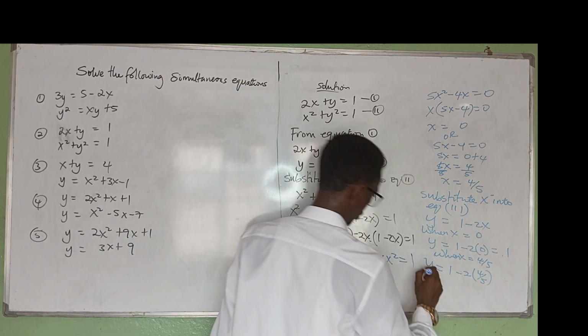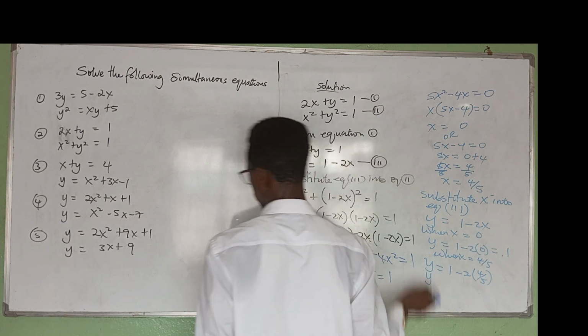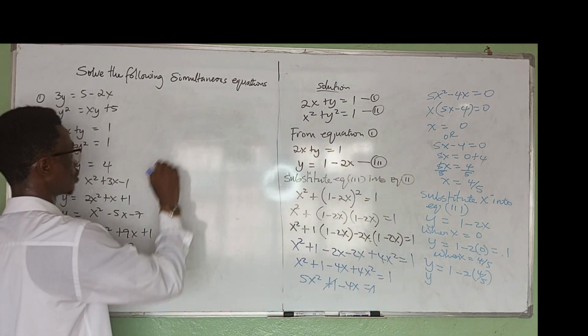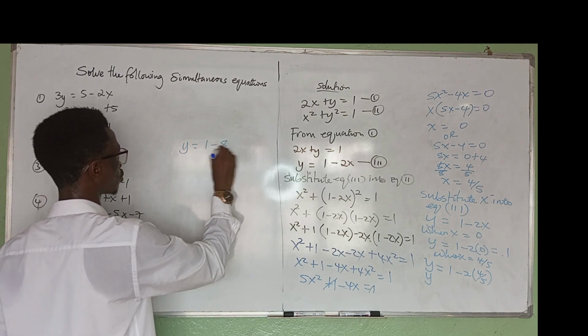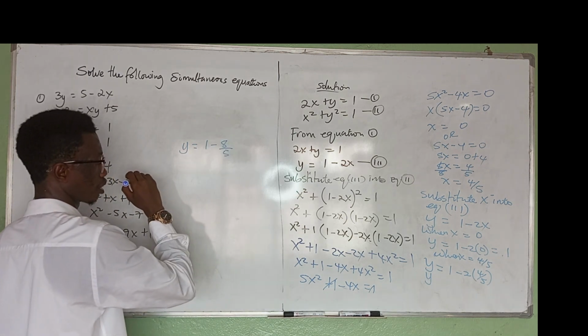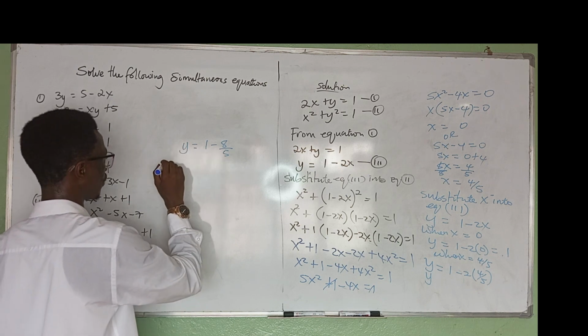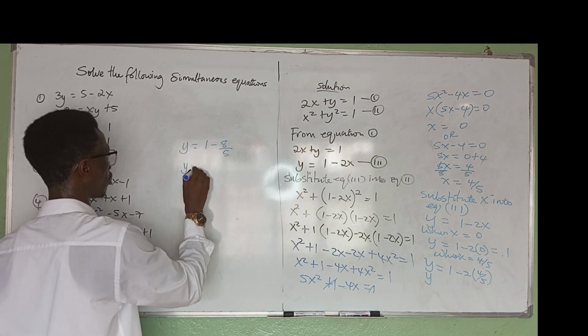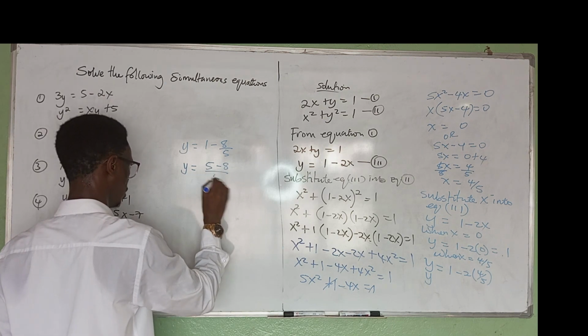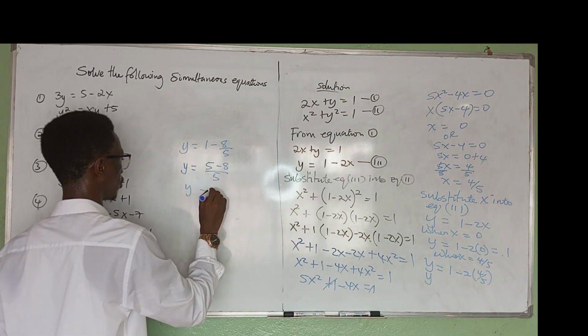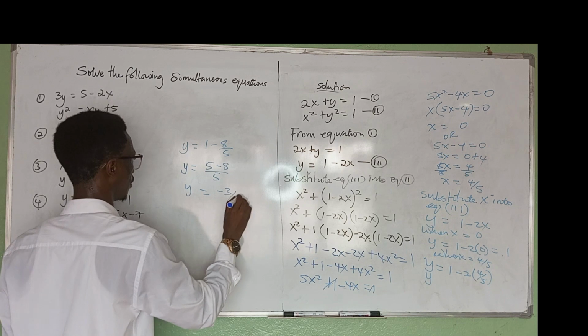So that gives you y equals 1 minus 8 over 5. So find the LCM here. It gives you 5 minus 8 divided by 5, which gives you minus 3 over 5.